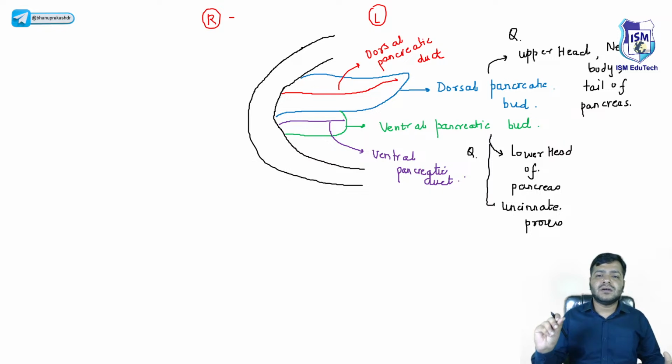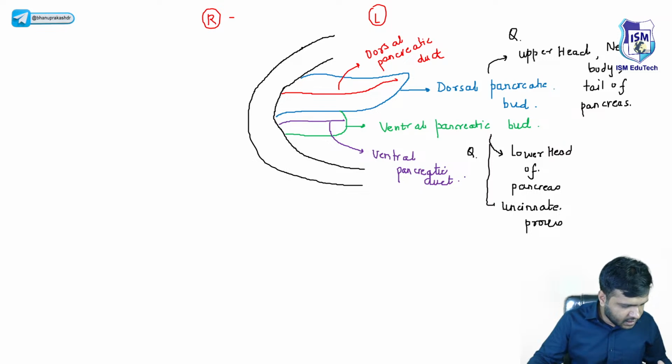So I hope this particular picture is clear right now. We have two ducts right now: the dorsal pancreatic duct and the ventral pancreatic duct. I hope this picture is clear to everyone.